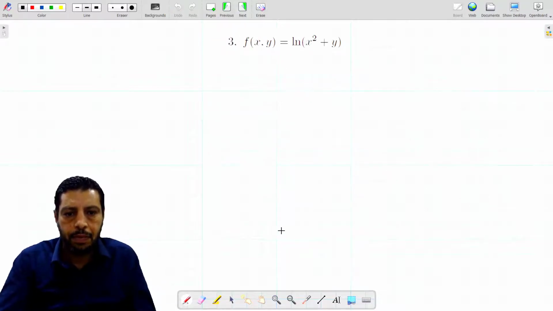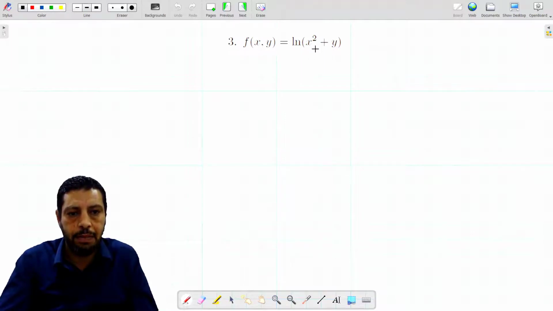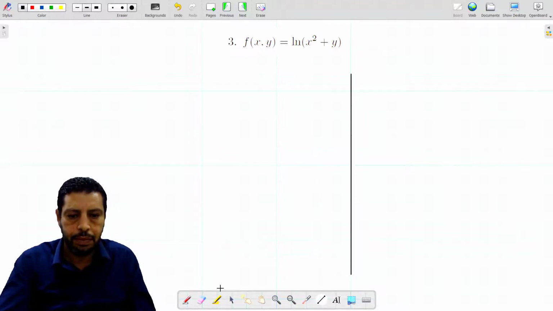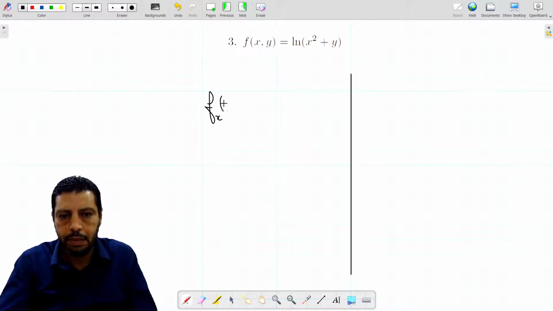Next one. This is a logarithm of a function of x and y. It's a logarithm of a polynomial function of x and y. Let's do it. First, compute fx. Here we're going to use the chain rule.